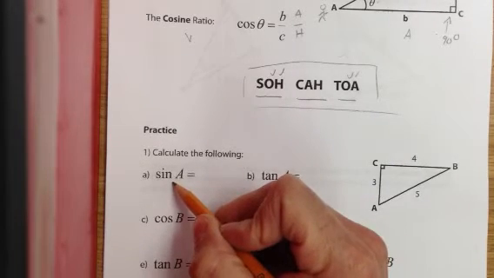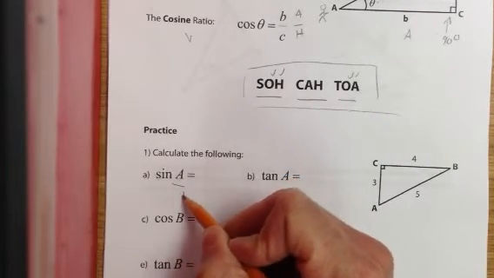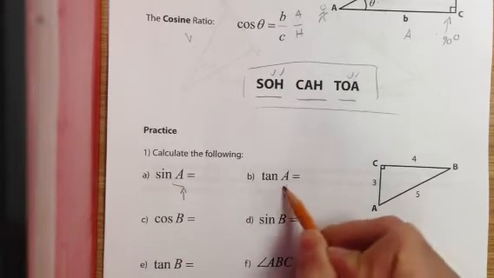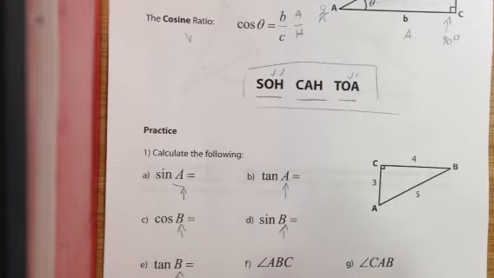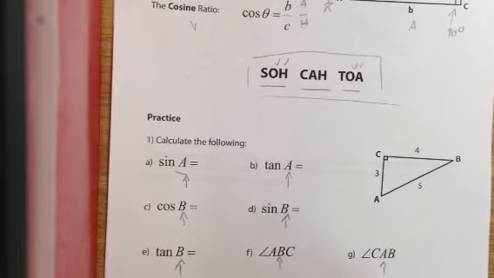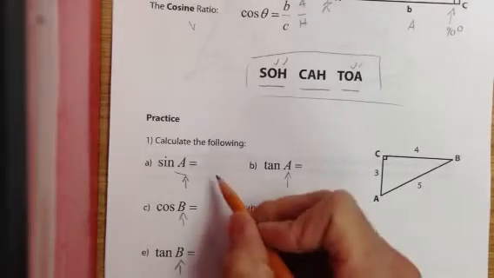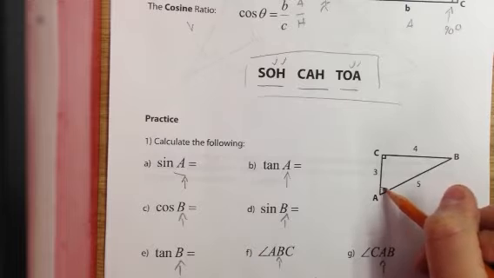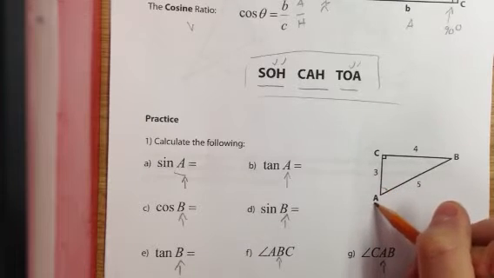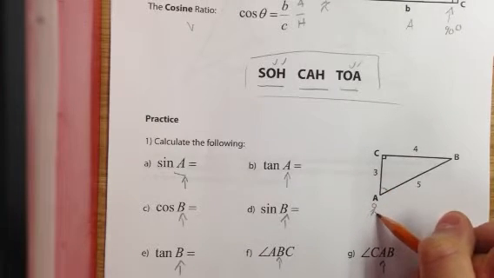So when I try to solve sine A, this is telling me the angle. For all of these, this is angle A and angle B, and I have to draw it from that perspective. So for sine of A, it means that I'm looking at this angle. That's angle A, so the person is drawn there.